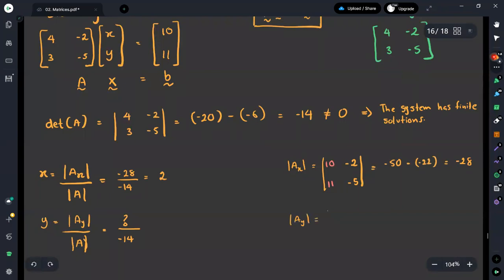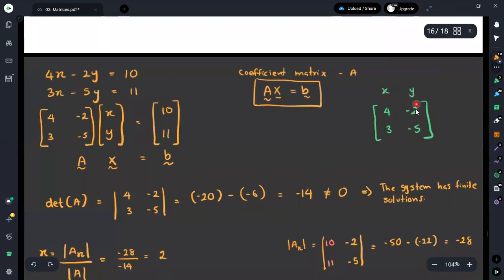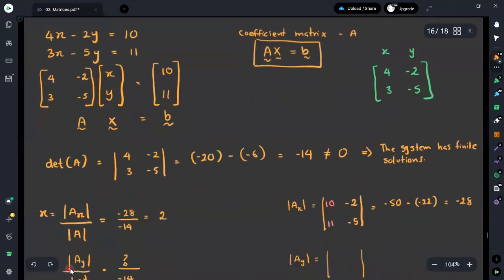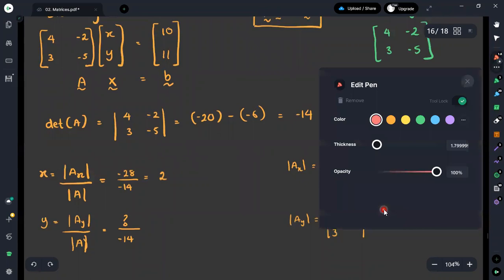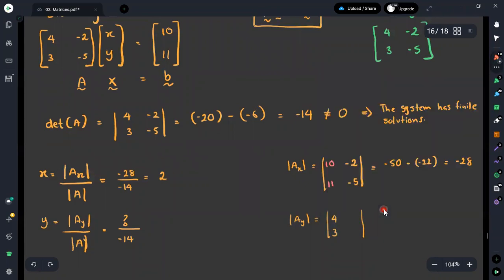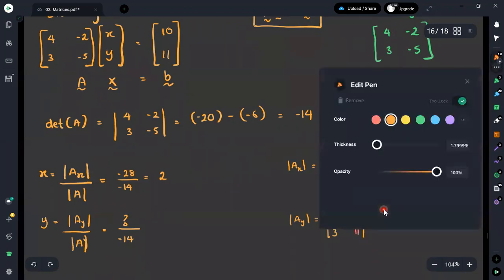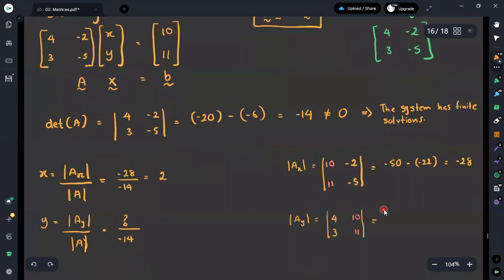To get the Ay, you can see that the second column, since you are obtaining the answer for y, you need to replace the elements in the second column. Therefore, the first column will be written as it is, 4 and 3 will be here. Then the second column, it means the coefficients of the y variable, has to be replaced with the 10 and 11, which are supposed to be the constant terms of the system of linear equations.